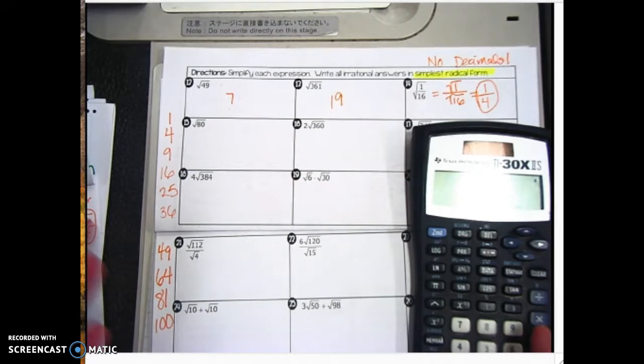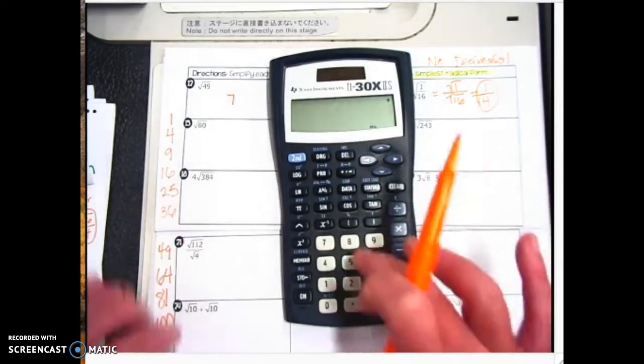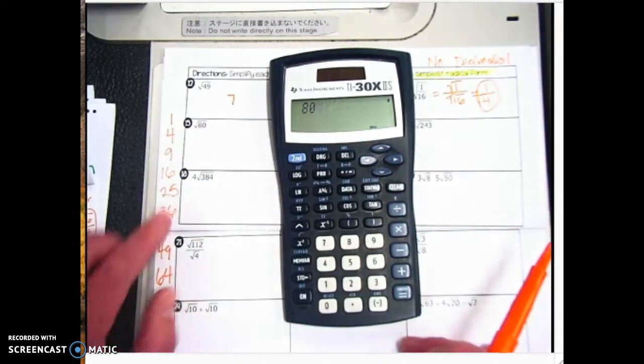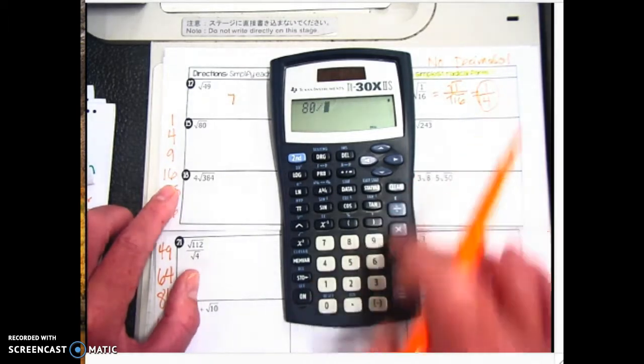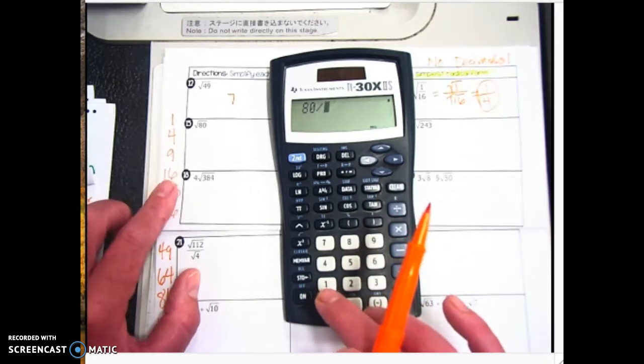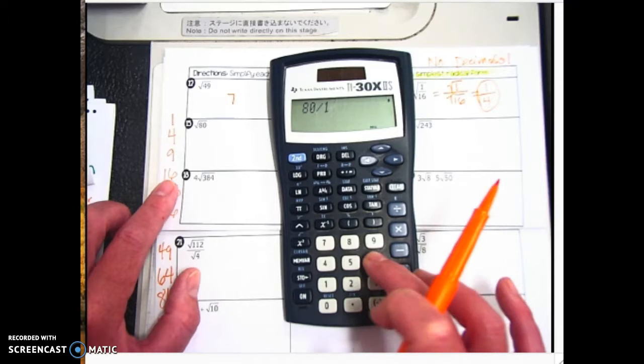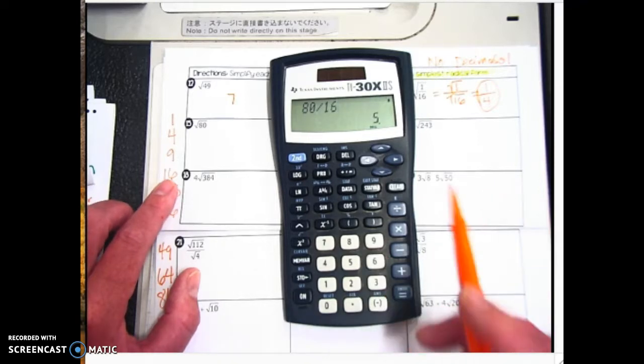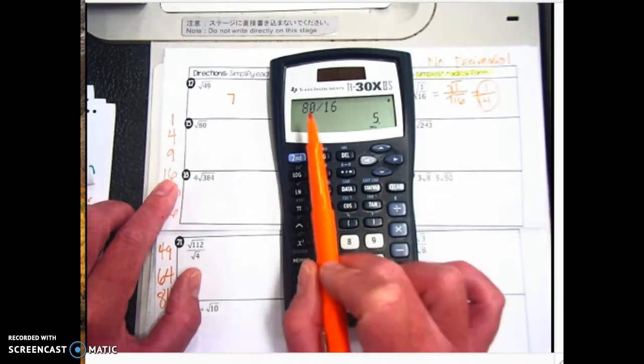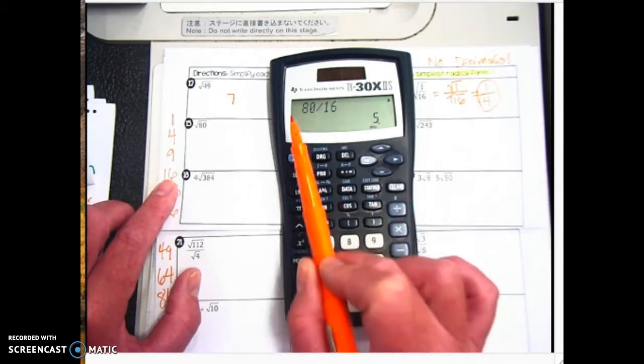So you could take 80 and test it. So I'm going to take 80 and see if 16 is a factor, because I know 16 is a perfect square. So I'm going to take 80 divided by 16. That means that 16 times 5 is 80.